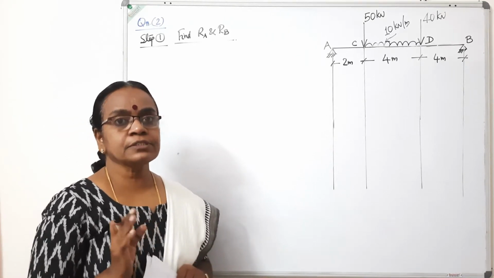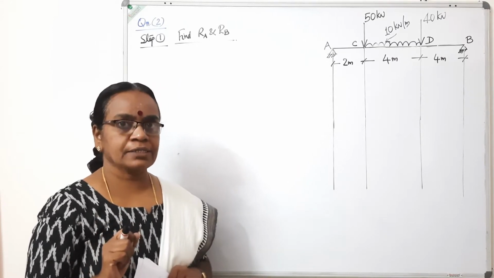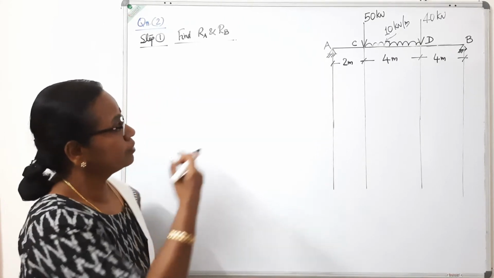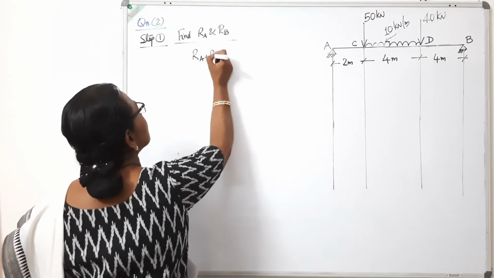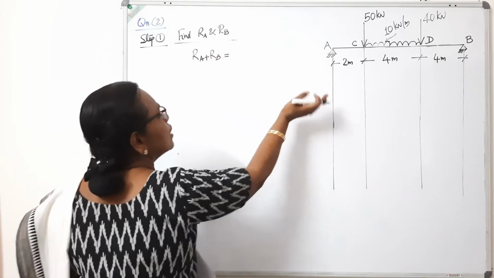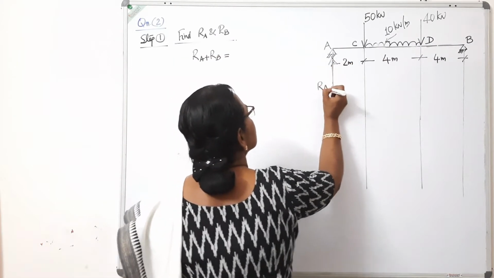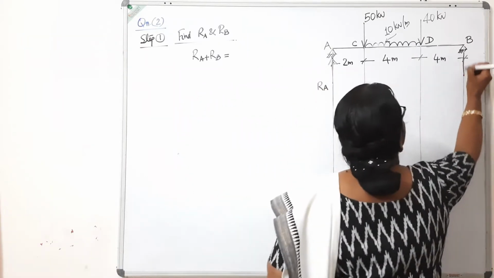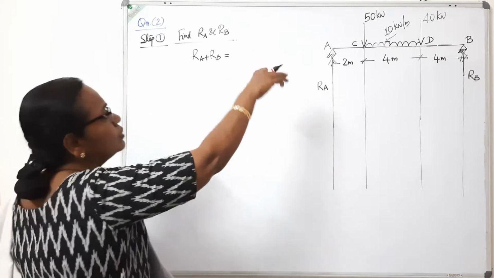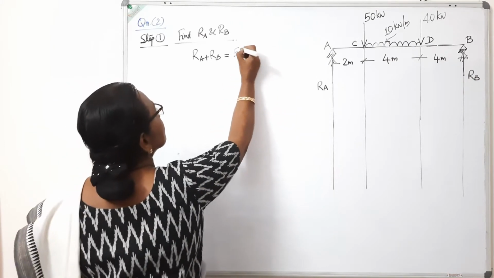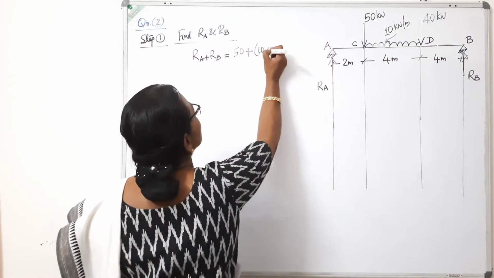So always the first step in simply supported beams is computation of support reaction. So let us find RA and RB. We'll move quick. What is RA plus RB? Say this is RA, this is RB. Total load acting downwards is 50 plus 10 into 4, uniformly distributed load.